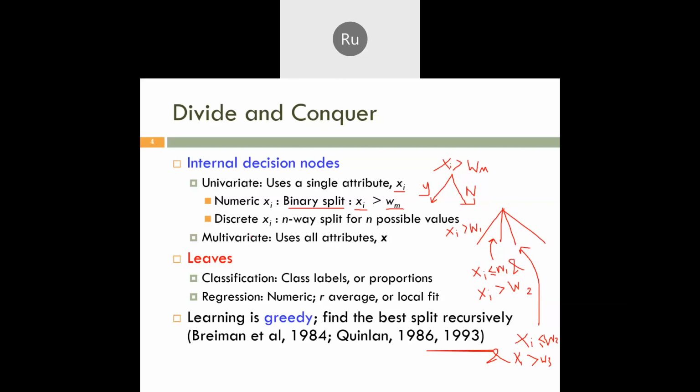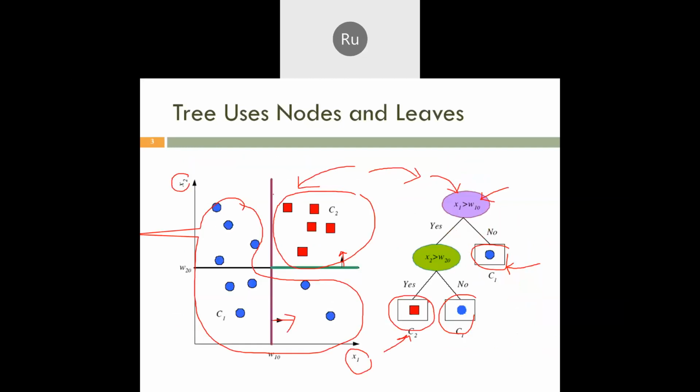We could also use multivariate. Multivariate is when you have this condition. You have two conditions. If this value fulfills your requirement, and this also, then you will go to the middle one. So that is multivariate, which uses all attributes x. So this is the internal decision node, which is here.